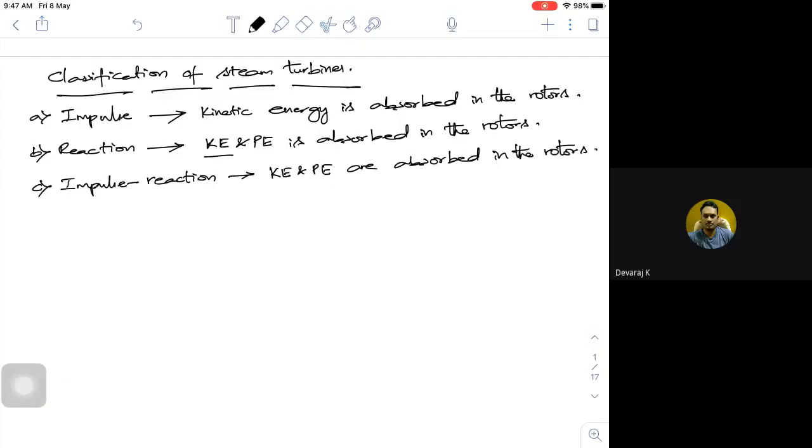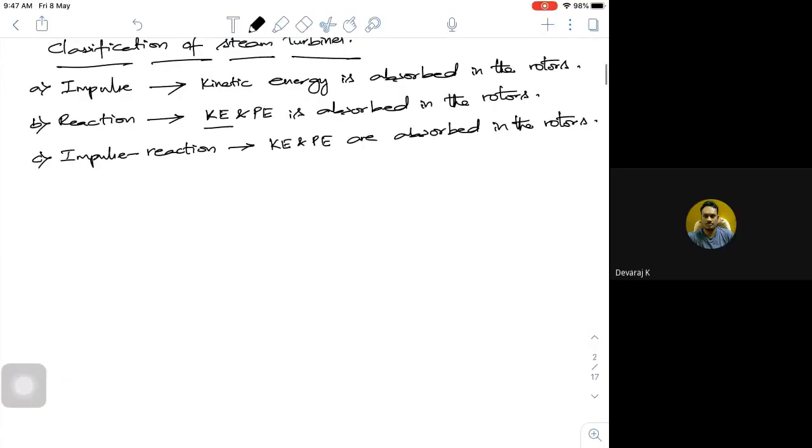So maybe let's look at some examples. For an impulse machine, we have the De Laval turbine. It is named after an engineer, you can't call him a scientist, Gustaf de Laval.